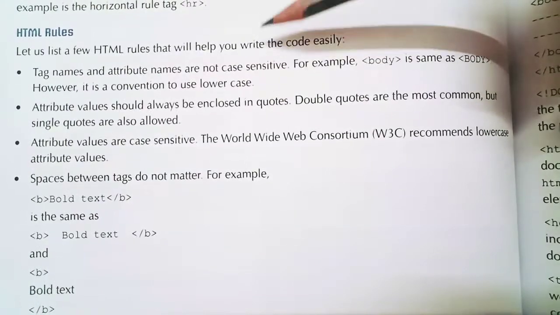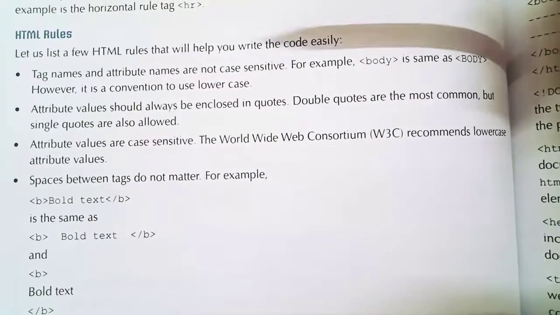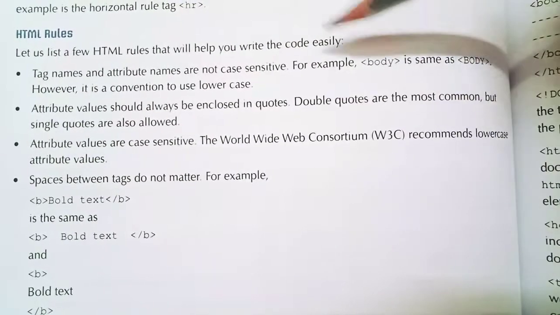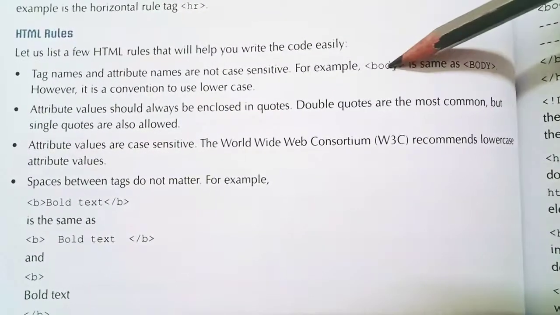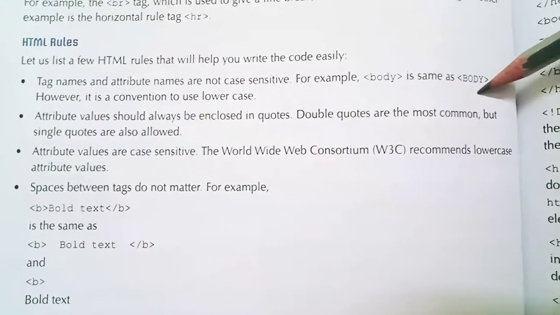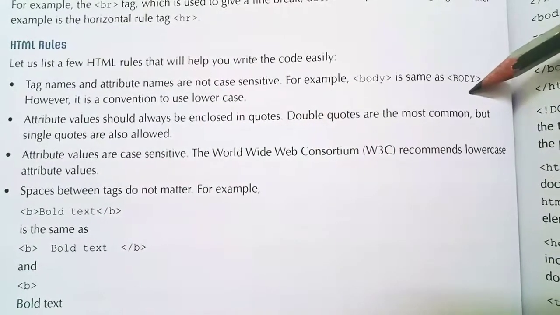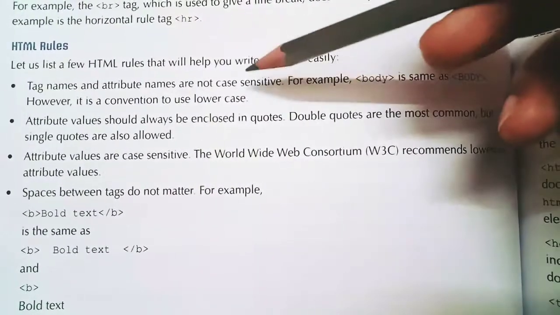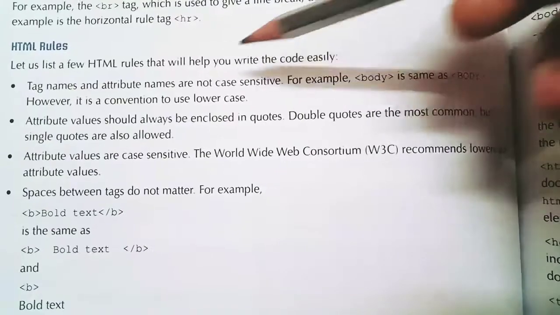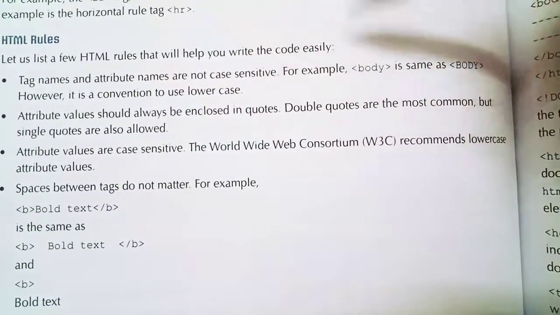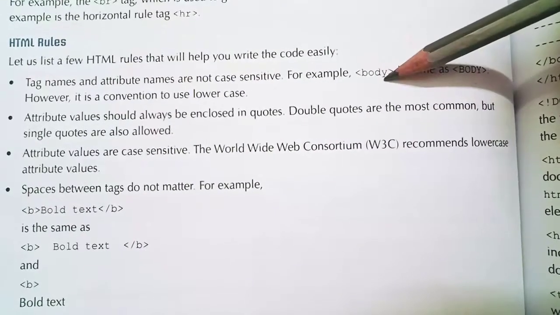Whether it is uppercase or lowercase, you do not need to worry about it. For example, body in lowercase is the same as BODY in capital letters. However, it is a convention to use lowercase. So if you use lowercase, it will be better. Understood?